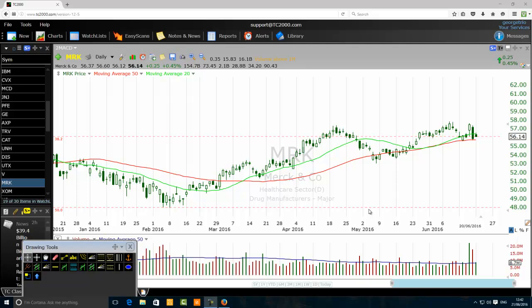Moving average 20 crosses above the moving average 50, they buy. Every time moving average 20 crosses below the moving average 50, they want to sell. Sometimes it does not work, sometimes it works.